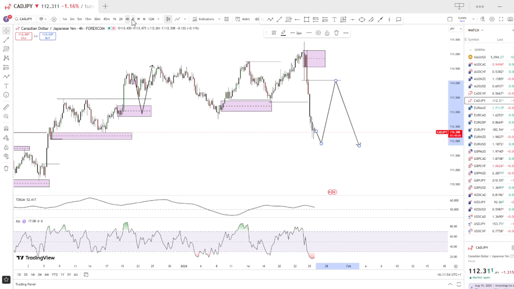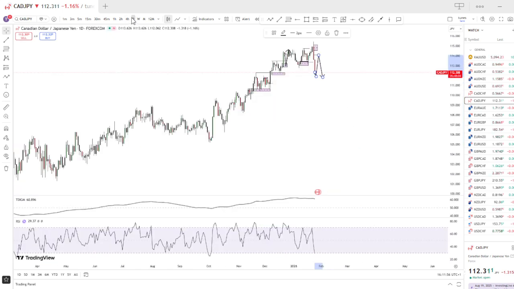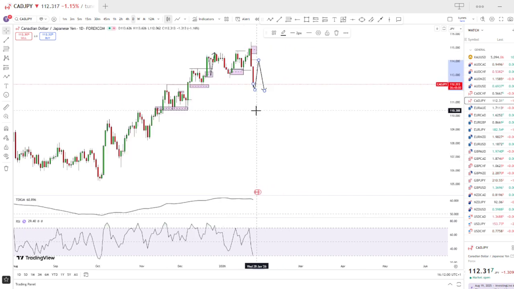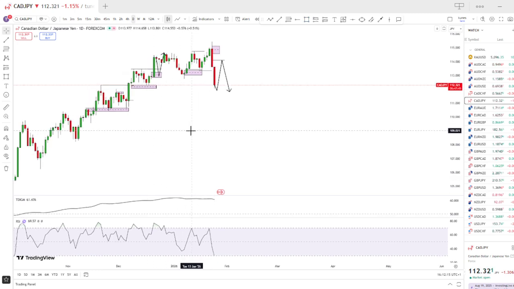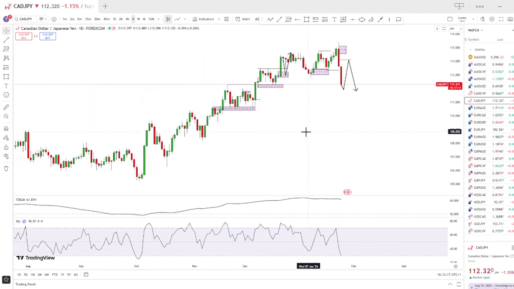Scenario number two will be for us to expect that now that we've seen price take out this liquidity here and this liquidity here, we might actually get a bullish move happening very soon. The reason I'm considering this is, like we mentioned earlier, we have overall bullishness even on the daily time frame.